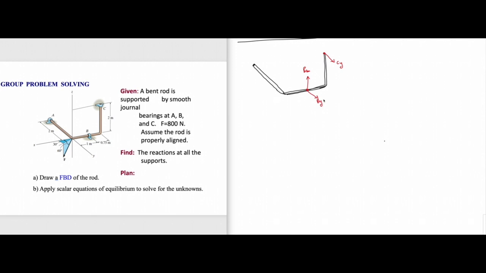Also, it will not allow it to translate along CX. At A, it will prevent it from translating along AX and AZ.